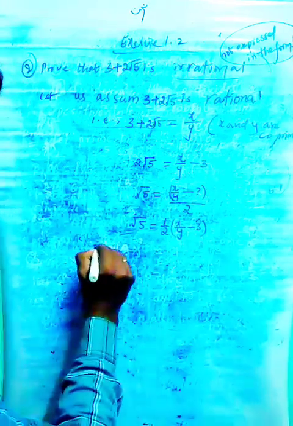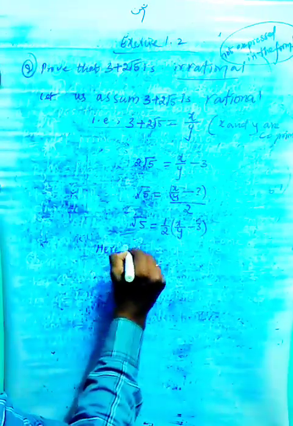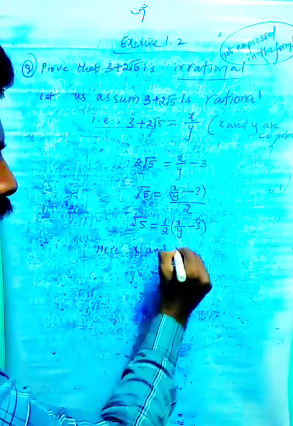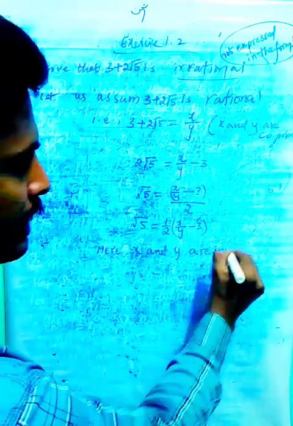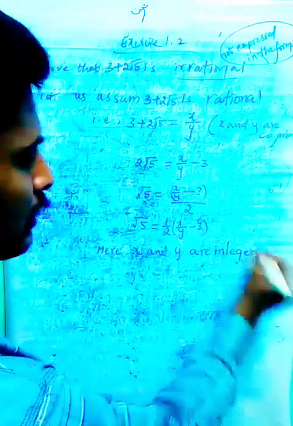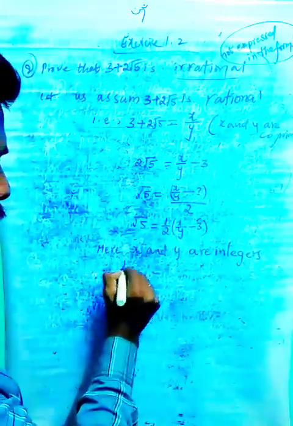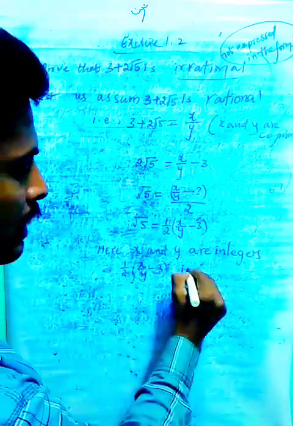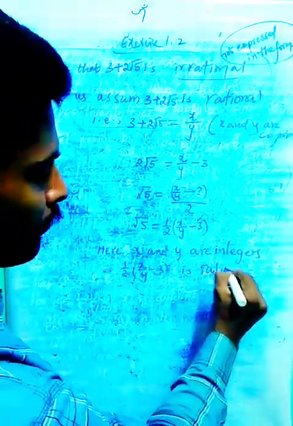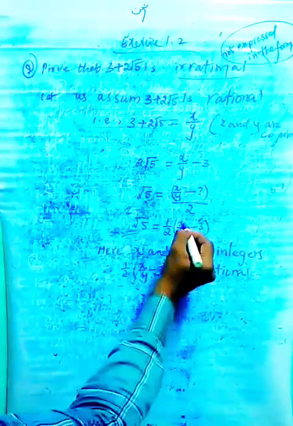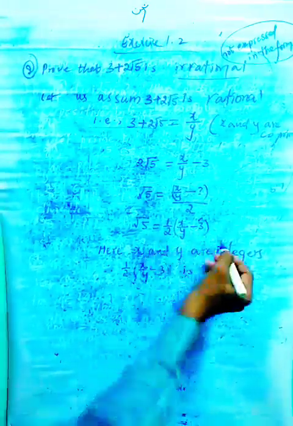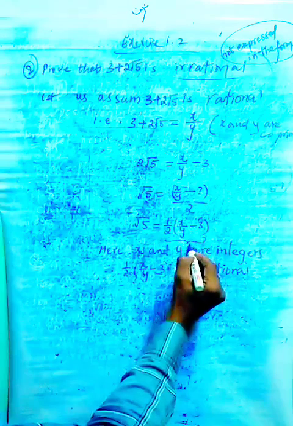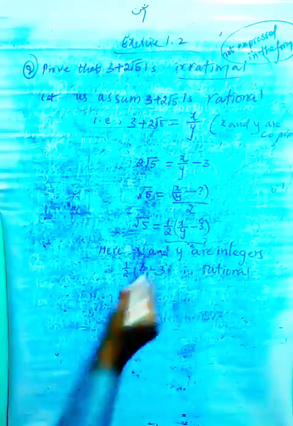Now here x and y are integers. Therefore 1 by 2 times x by y minus 3 is rational. When x and y are integers, this value becomes rational, and since it is equal to root 5, root 5 is also rational.